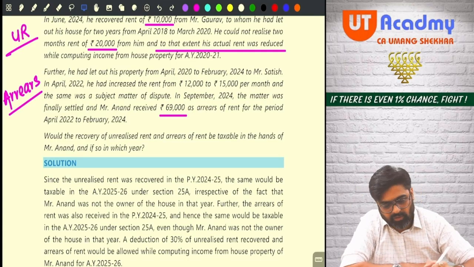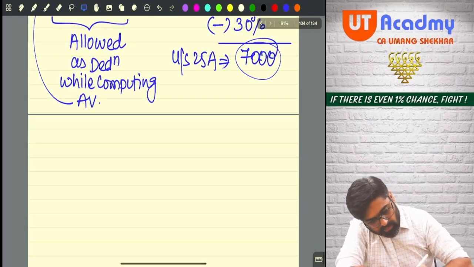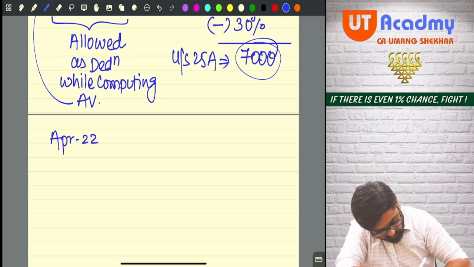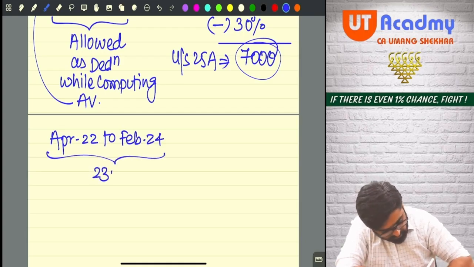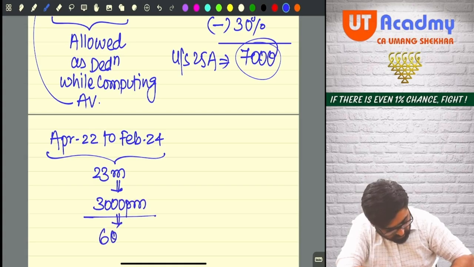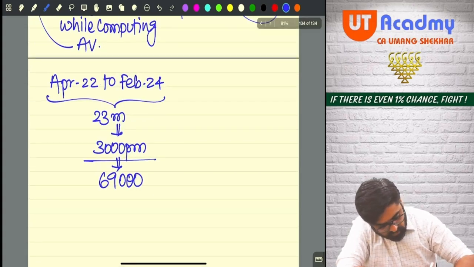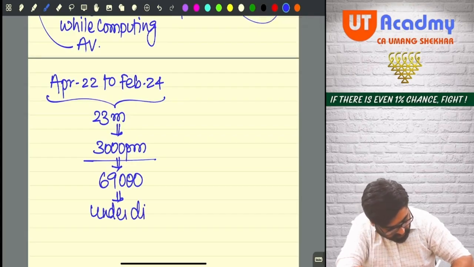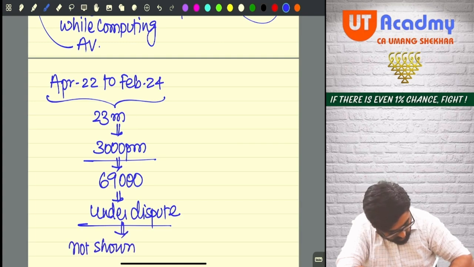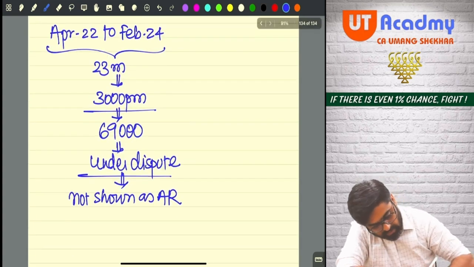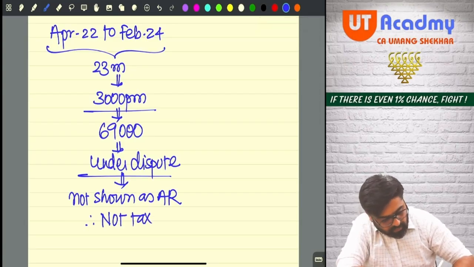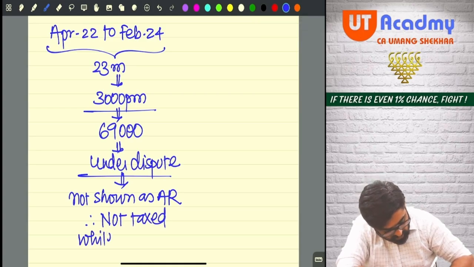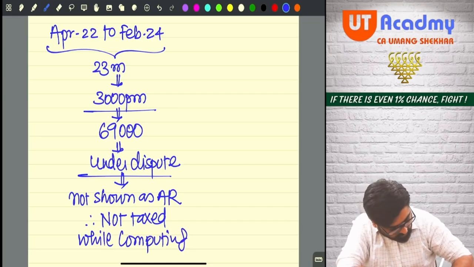Hello, sir. So can I say now for April 22 to Feb 24, how many months are there? 23 months. 3,000 per month amounting to rupees 69,000 was under dispute, meaning not shown as actual rent, therefore not taxed while computing annual value.